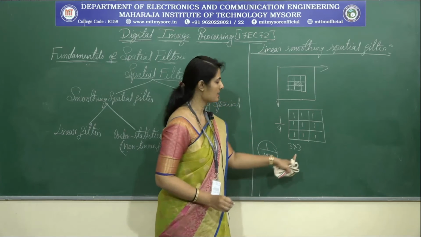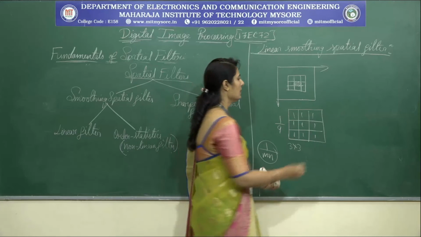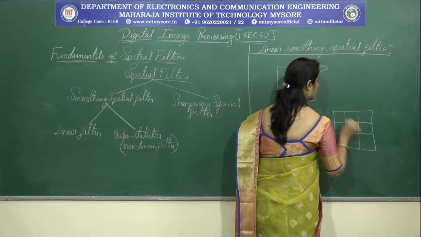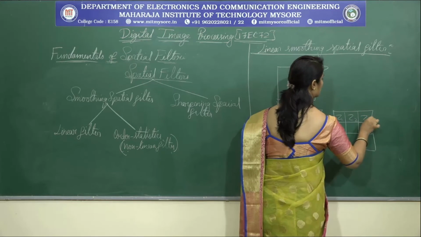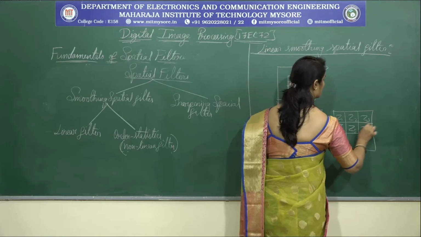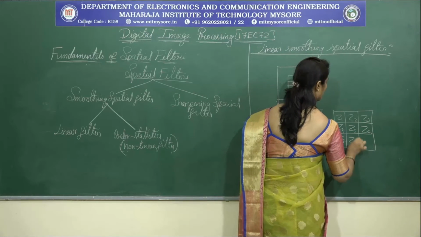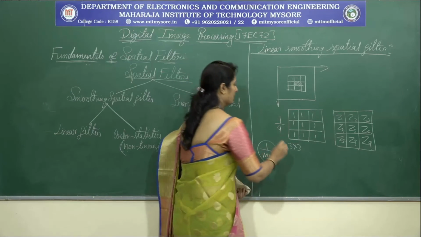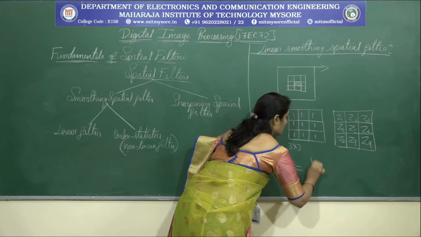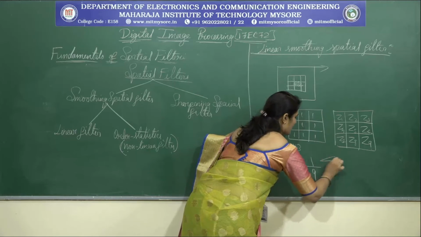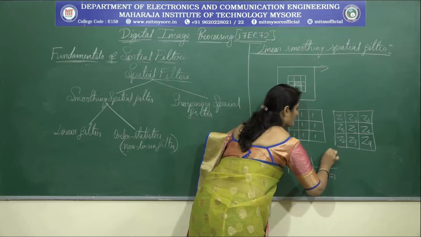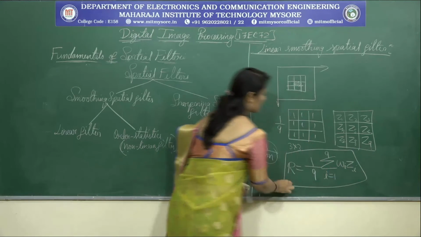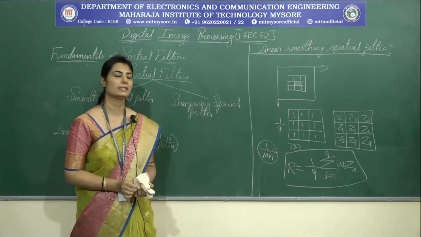So m is 3, n is 3 for this mask, and we are performing this on the pixels Z1, Z2, Z3, Z4, Z5, Z6, Z7, Z8 and Z9. The response of this filter is R equals 1 by 9 summation i equals 1 to 9 Wi Zi. This is the response of this averaging filter.